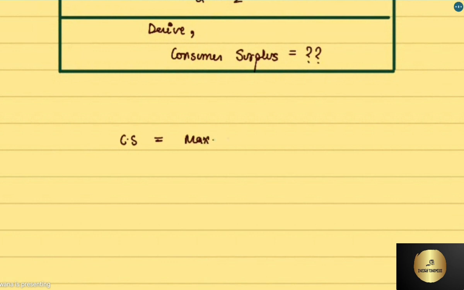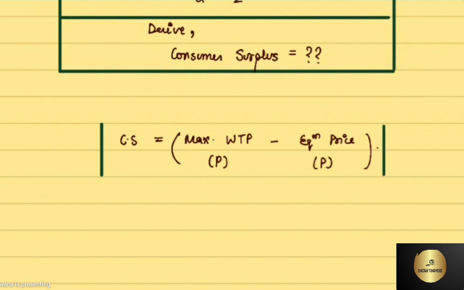It is your maximum willingness to pay, which you can denote with P, minus your equilibrium price, what you actually pay, into the number of units that you want to consume of that particular commodity. This is the formula for the consumer surplus.